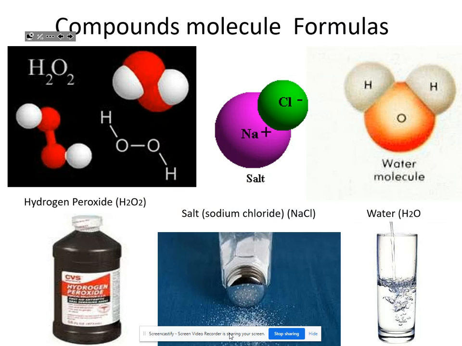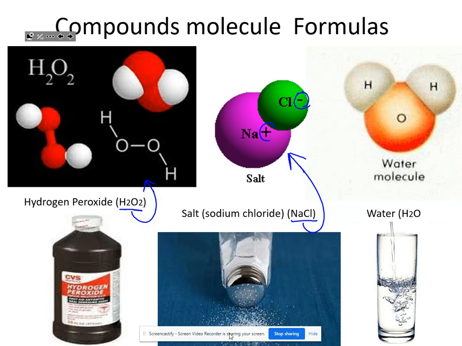Now, compounds in the molecular formulas. Hydrogen peroxide was H2O2. And we see right above there, that's what the molecular compound would look like. They go together in certain ways. Now, salt, table salt is NaCl, one of each. Notice the minus sign and the plus sign.